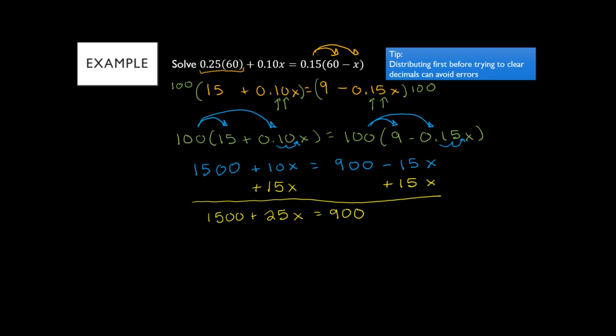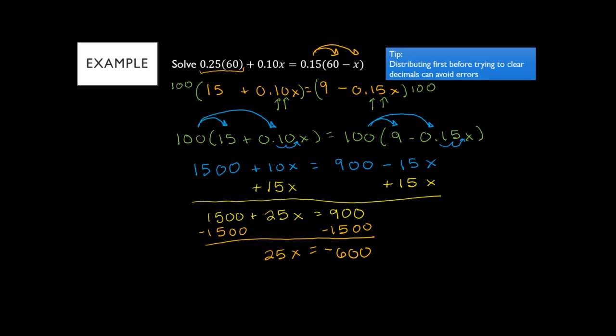Then next, I need to move the 1500 to the right. So that's positive, so I'm going to subtract 1500. And 900 minus 1500 is negative 600.